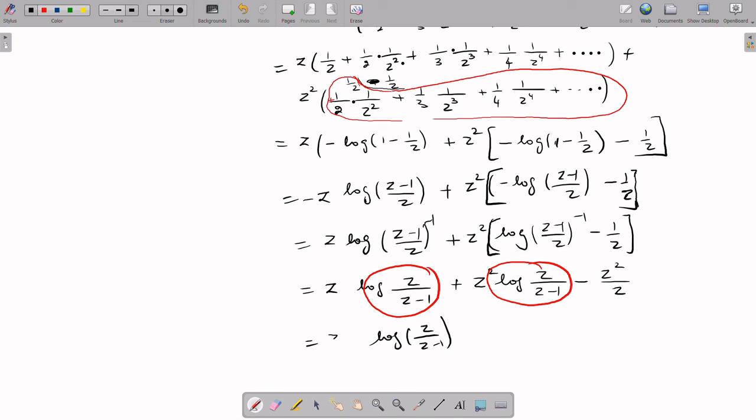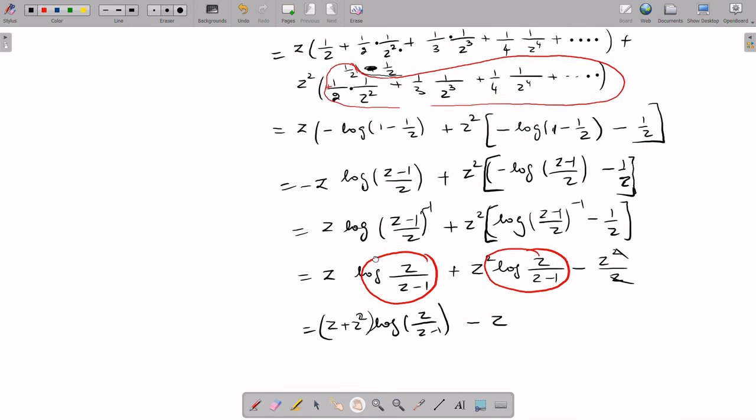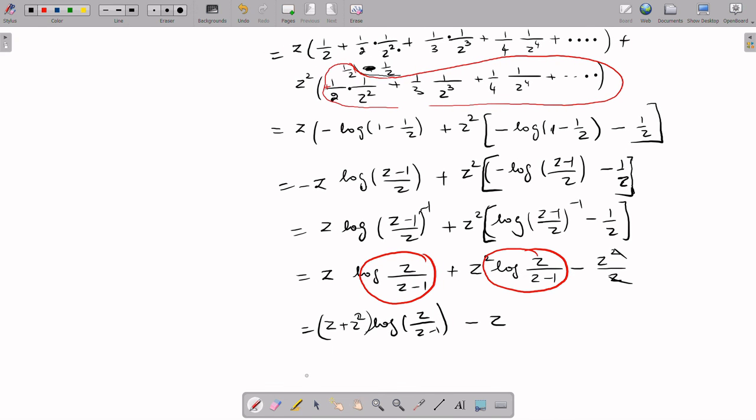So you write it here, Z plus Z squared into log of this term, minus, this gets cancelled, so Z. Okay, so this is the value we have, Z squared plus Z. Or you can write this term to be, this Z squared plus Z can be written as Z into Z plus 1, log of Z by Z minus 1 minus Z.